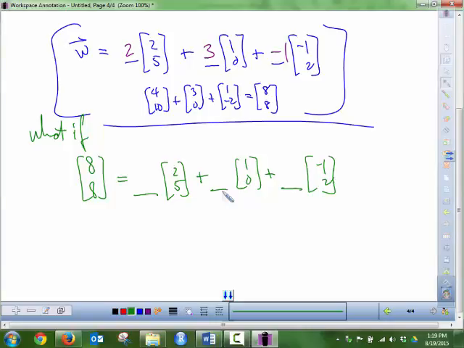But later on, that's going to be the question that we're going to be asking about linear combinations: can we represent this vector 8, 8 as a linear combination of these three vectors? And if we can, we should be able to find these numbers. We'll call them C1, C2, and C3, so that when you put them as a linear combination with C1, C2, C3 as coefficients, then I'm going to get the vector that I wanted in the first place.